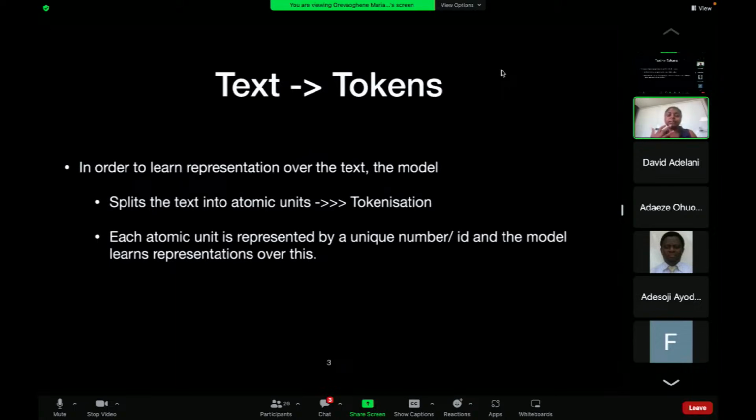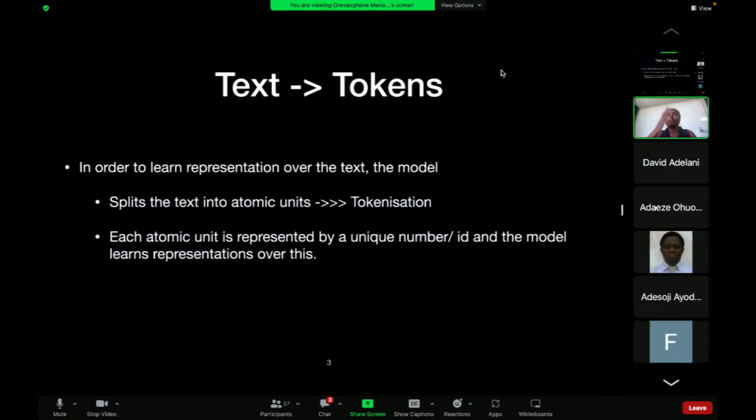So usually, in order to learn representations over text, you have a sentence, you don't just feed the sentence into your model. What happens is that this text is split into atomic units, and this is called tokenization. Each atomic unit is represented by a unique number, and the model learns representations over this.